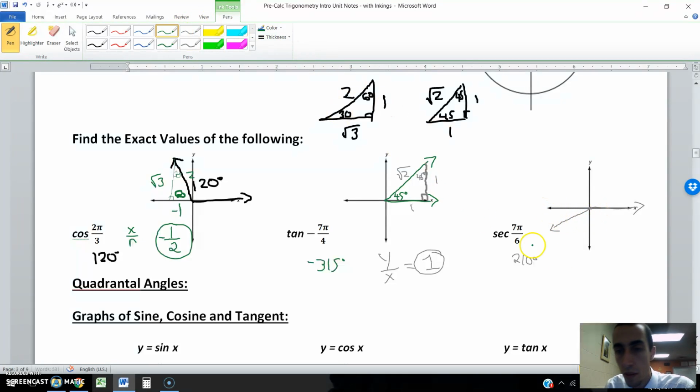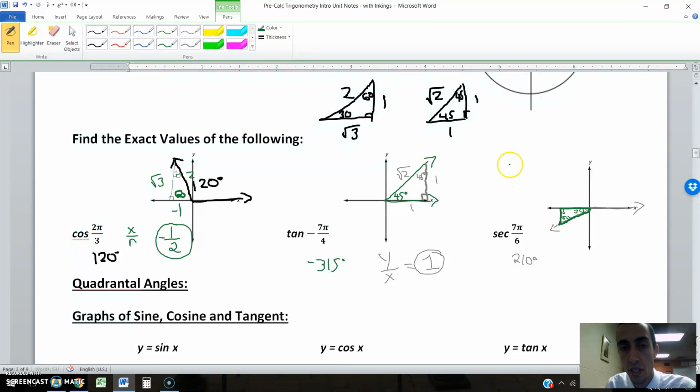When we make the reference triangle, we go to the nearest x-axis. This would be a reference triangle here. So that gives us a 30 degree in there, 60 degree there, and a right angle.